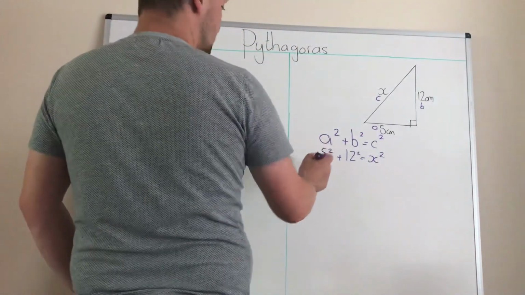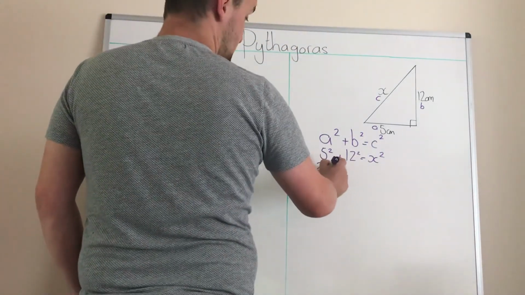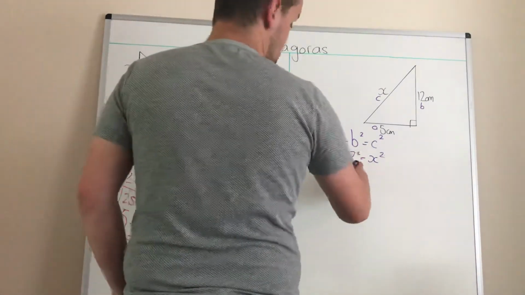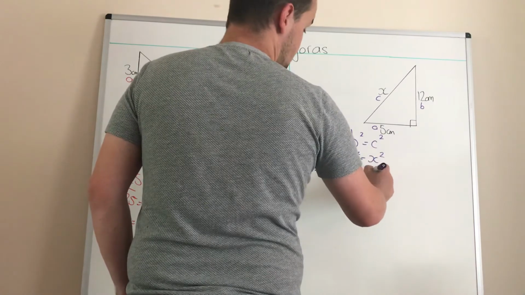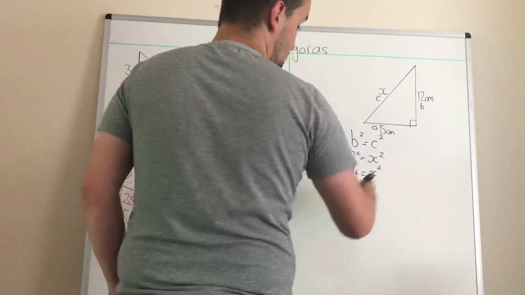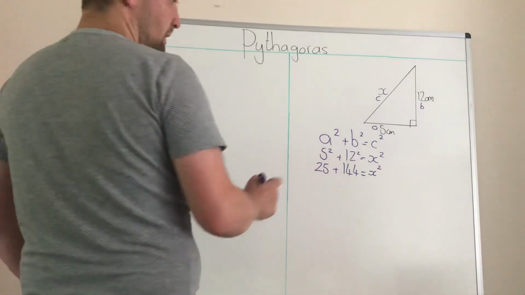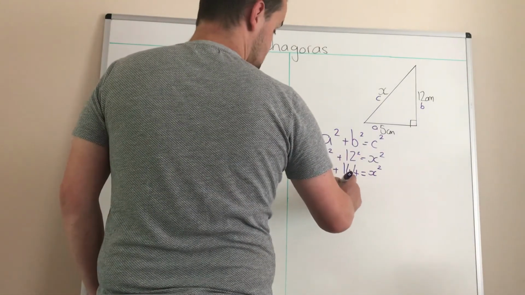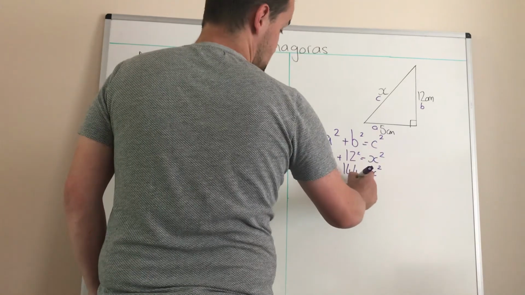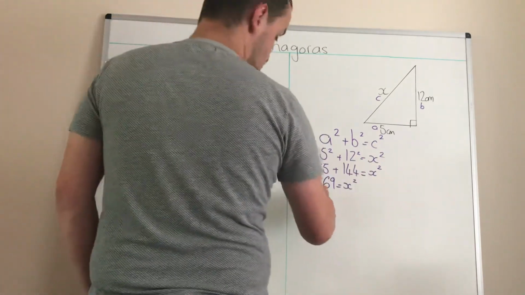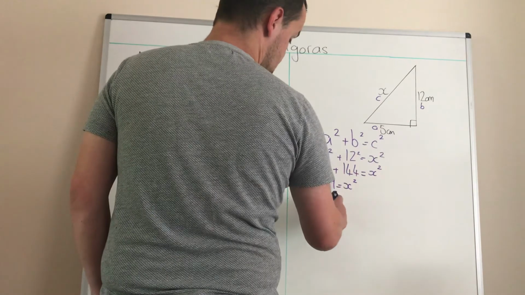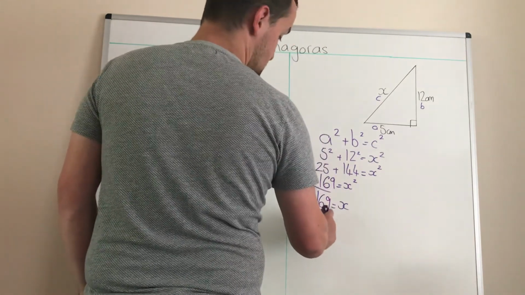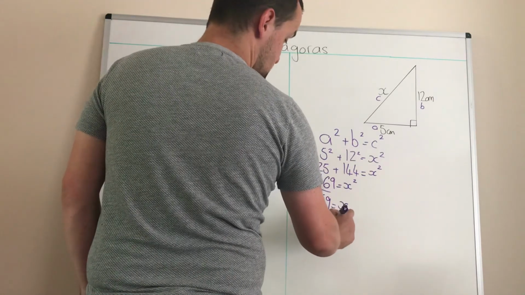So we need to do 5 squared, 5 times 5, 25. 12 squared, 12 times 12 is 144, and that, to add it together, equals X squared. 25 plus 144 is 169, so 169 is X squared. We then need to square root 169 to give us our X value. So X is 13 centimetres.